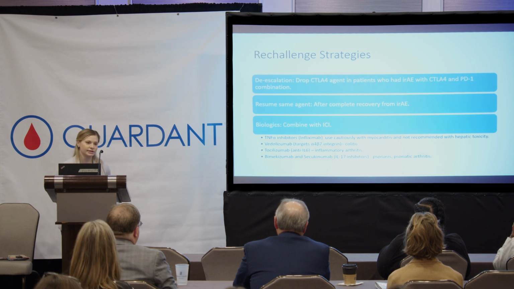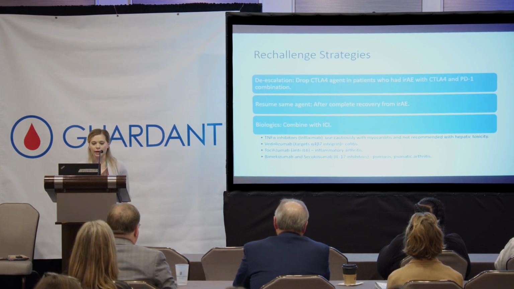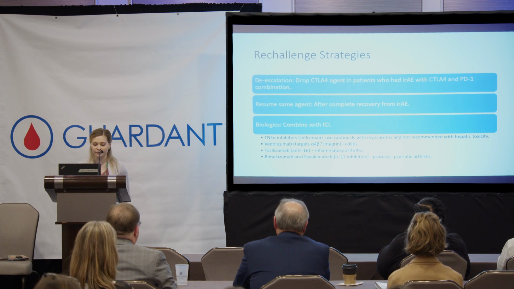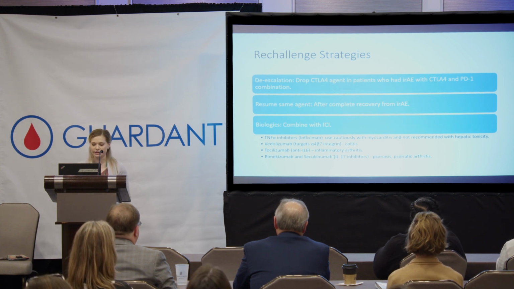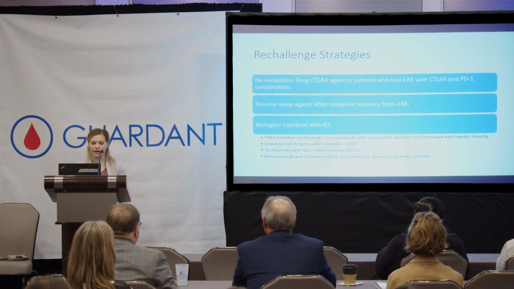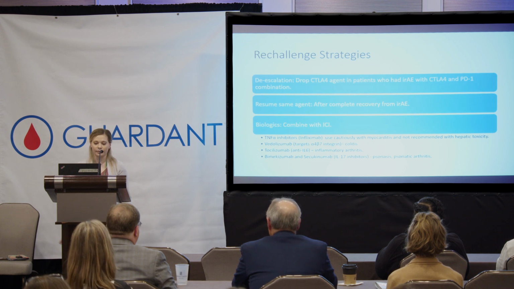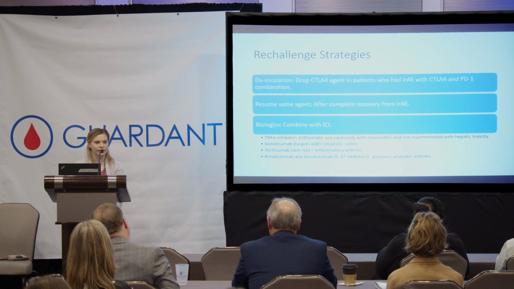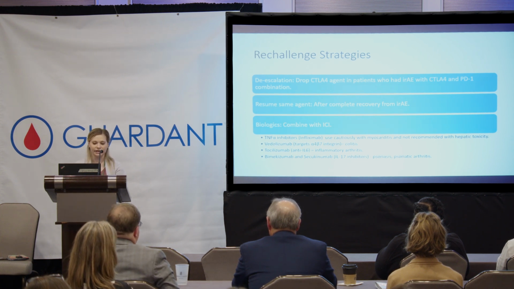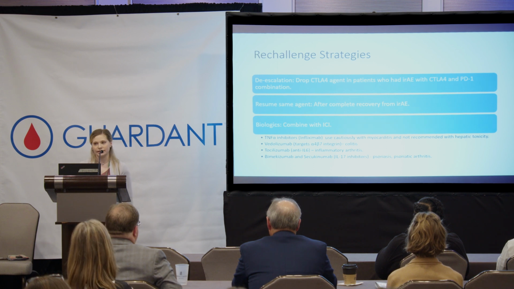And thirdly, we can consider combining with biologic agents to help control that adverse event if we want to try to rechallenge them. In instances of using TNF alpha inhibitors, just a note to use cautiously with myocarditis, and it's not recommended in hepatic toxicities. We also have vedolizumab for colitis, we have tocilizumab for inflammatory arthritis, and we have IL-17 inhibitors that can help with psoriasis and psoriatic arthritis.